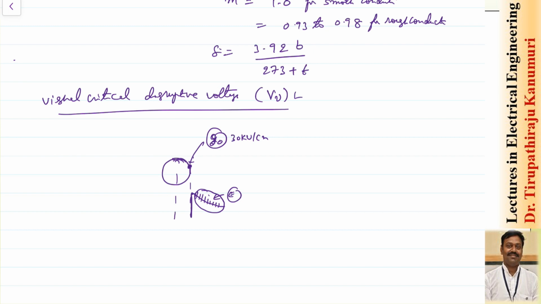In order to form the corona, this value of 30 kV per centimeter should be at some distance a little farther than the surface. That means G naught should occur at some distance farther from the surface. Then only up to there the air will get ionized, the corona will form, and we can visualize it. Otherwise, we can say the visual corona will come only if G naught occurs at some distance a little far from the surface of the conductor.